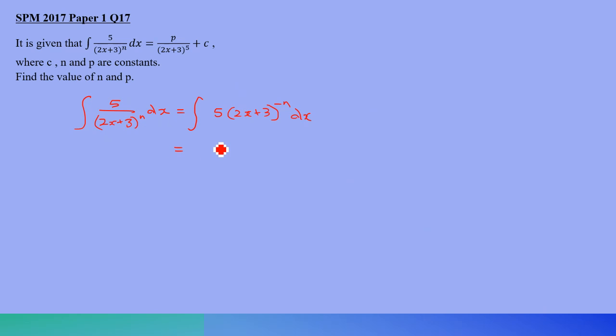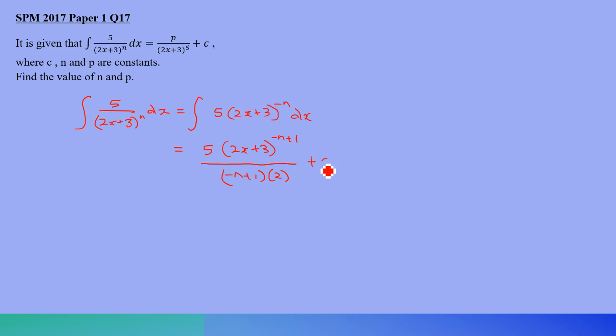So we call back your rules of integration. 5 is a constant, no harm. So you have 2x plus 3. What we do when we do integration, we plus 1. So negative n plus 1. Divide by negative n plus 1. And if we have used a substitution method, you need to divide by the differentiation of this, that is 2.